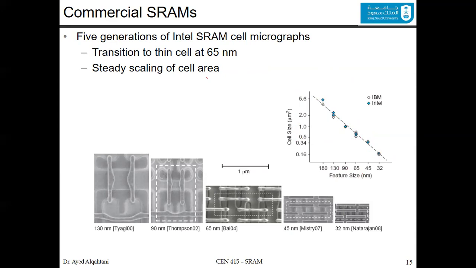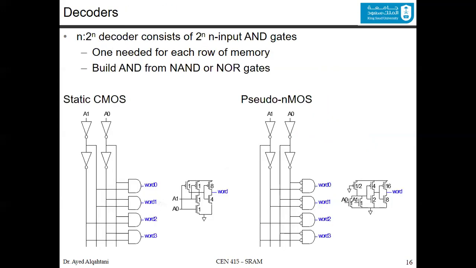Now, after we talked about the cell, we will talk about the other components of the array architecture, starting with the decoder. So the decoder, you know, is an n to 2 to the power of n decoder. One of the famous ones is 4 to 2, or sorry, 2 to 4 decoder. The 2 to 4 decoder is like this.